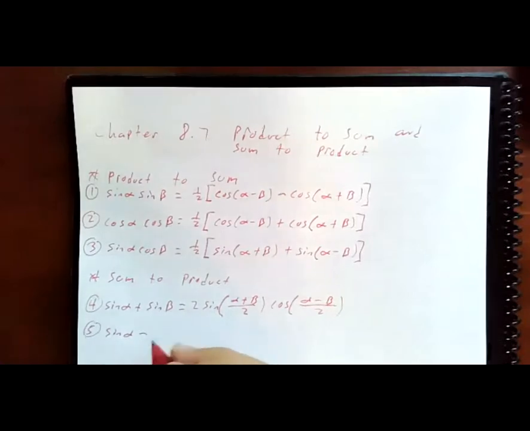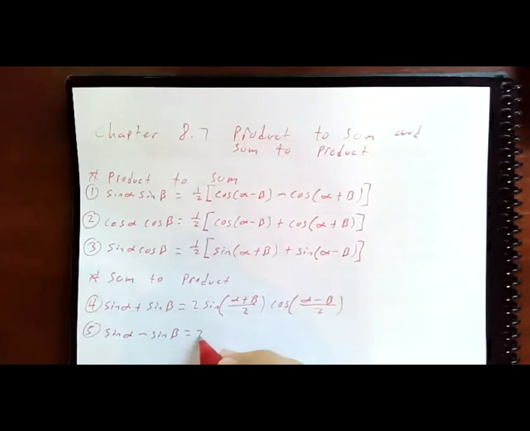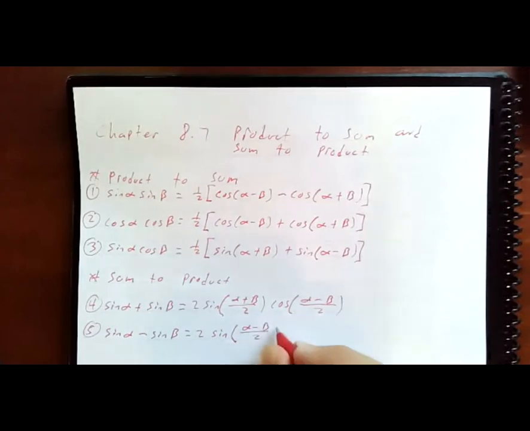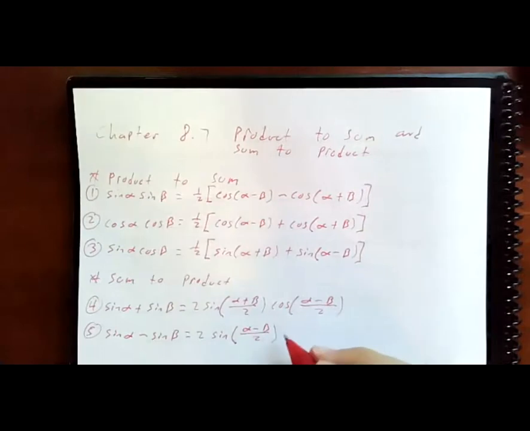Sine alpha minus sine beta is equal to 2 sine of alpha minus beta over 2 times cosine alpha plus beta over 2.